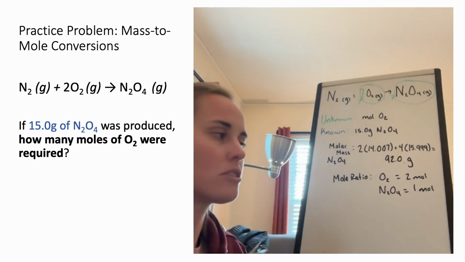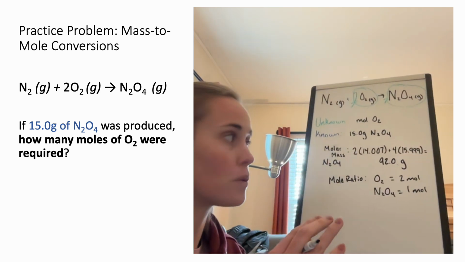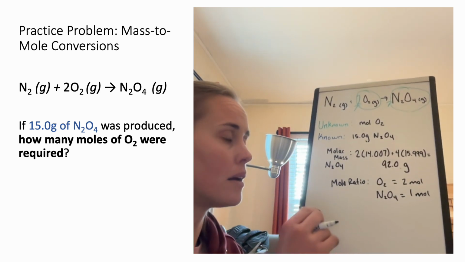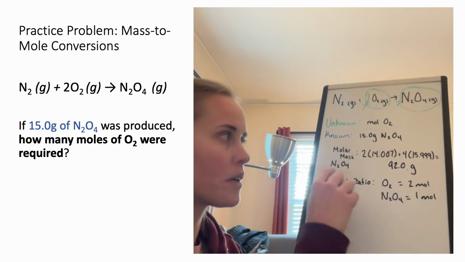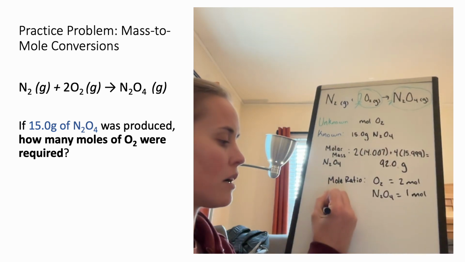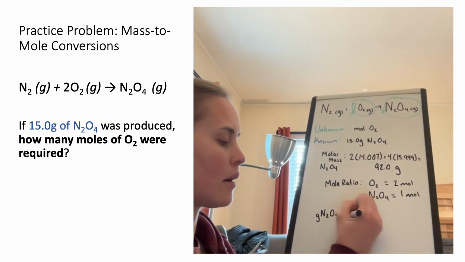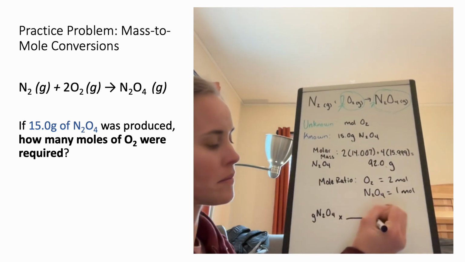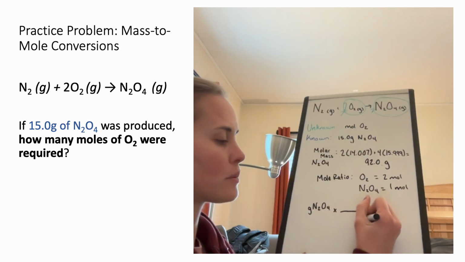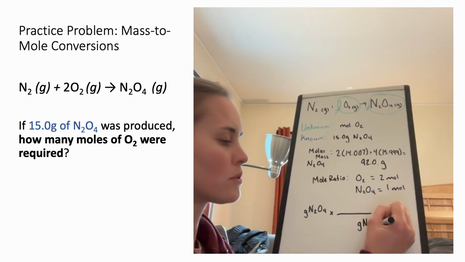And I just think it's a great idea to set up your problem using just your units before you add any numbers to it. So we start with what we know. So that is grams of N2O4. And we're going to set that up. Now we want to cancel out the grams of N2O4, because we're trying to get it to go over to moles.